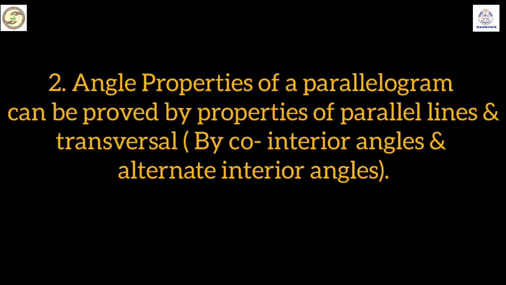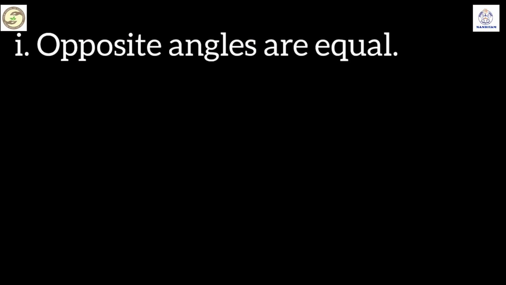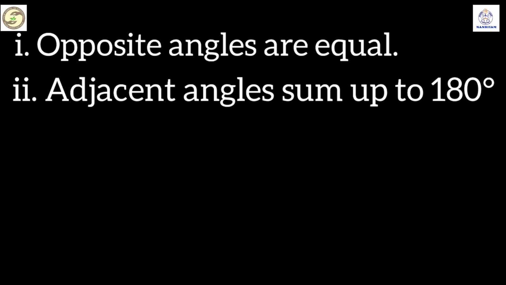Now, angle properties of a parallelogram can be proved by properties of parallel lines and transversal through co-interior angles and alternate interior angles. Number 1. Opposite angles are equal. Number 2.